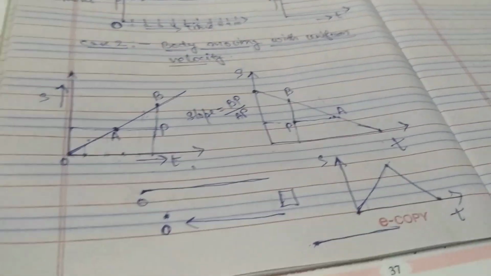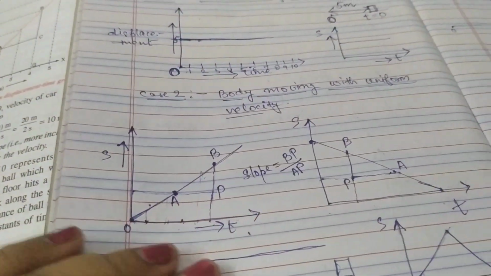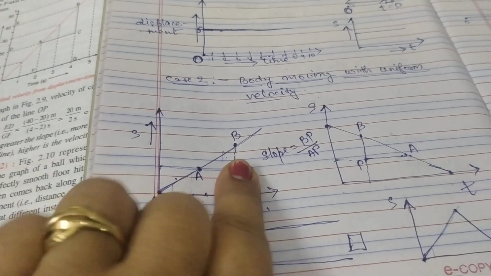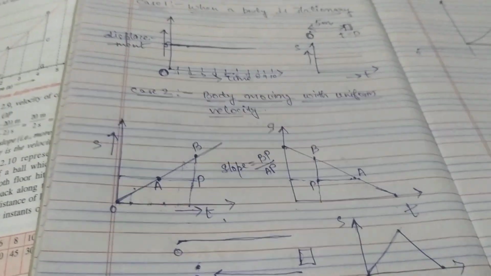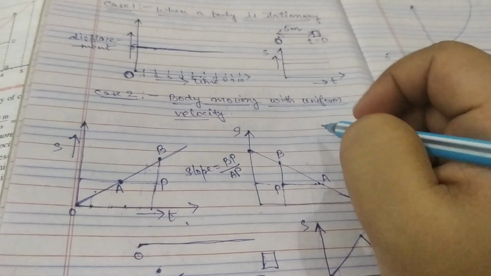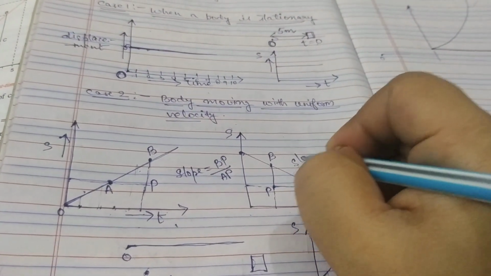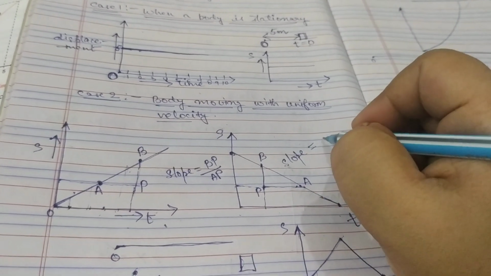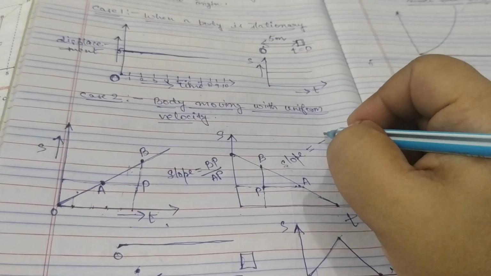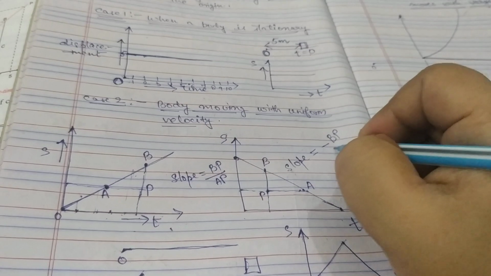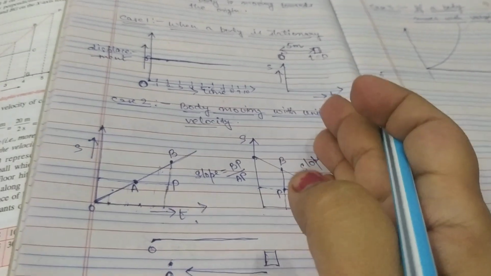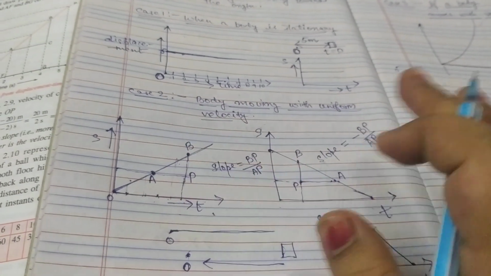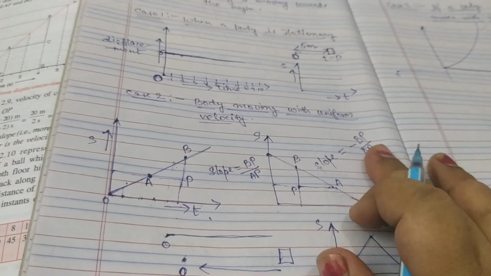But earlier the triangle was on this side, now the triangle is this side, so this one is known as the negative slope. Here slope is equal to minus of BP upon AP. This is the opposite side now, so this is said to be negative.